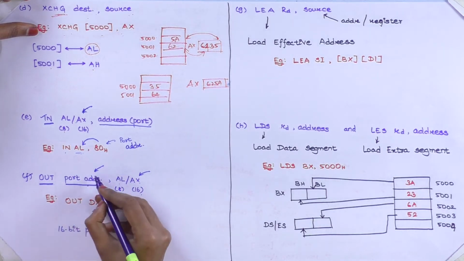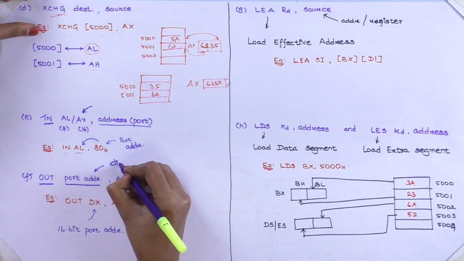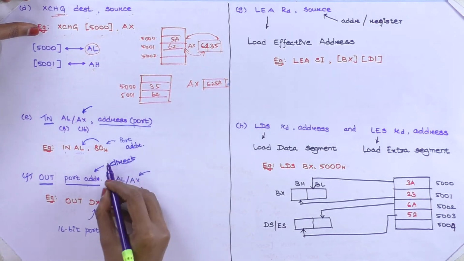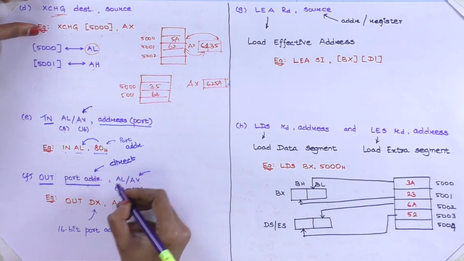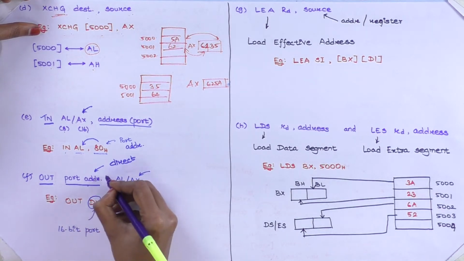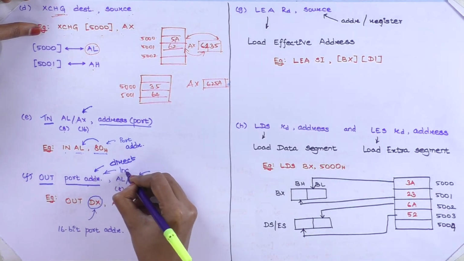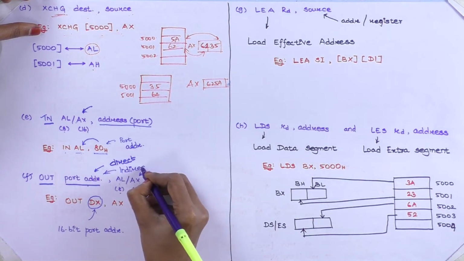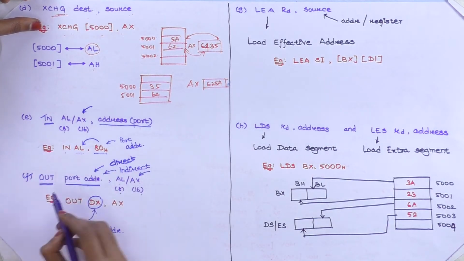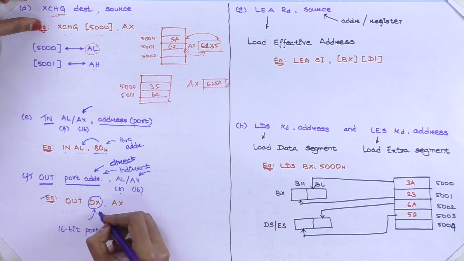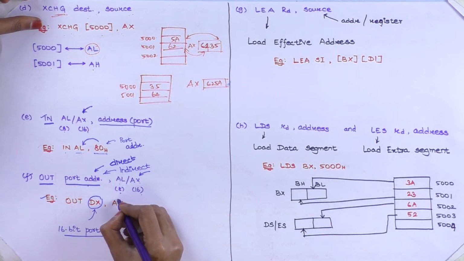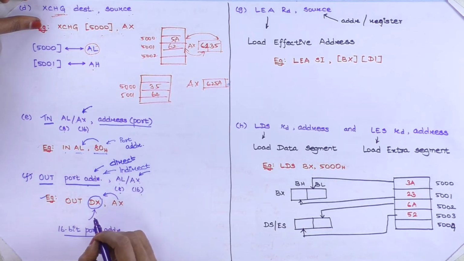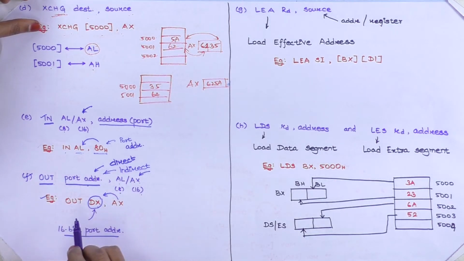You can directly mention the port address, as in this example, or else you can mention the port address in the DX register, so indirectly. For direct I have given this example, for indirect I have taken this. This DX will have the 16-bit port address. So the value from the AX register is given to the port address mentioned in the DX register. That is the out instruction.